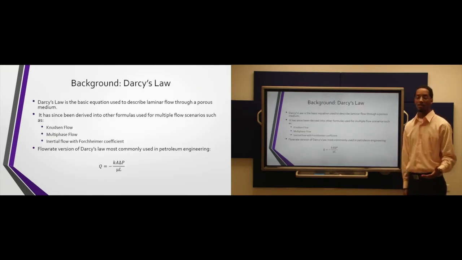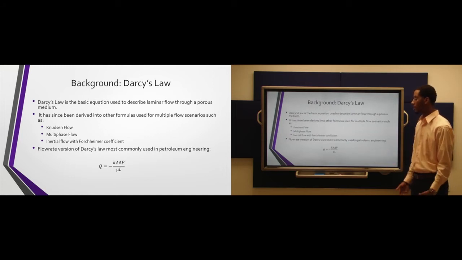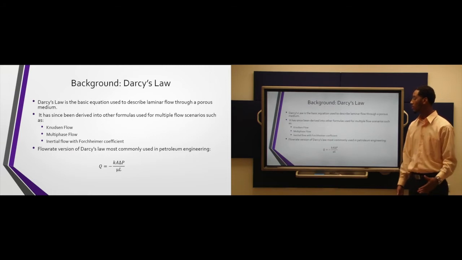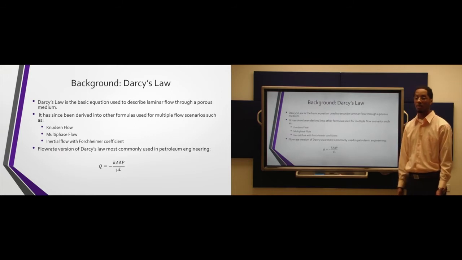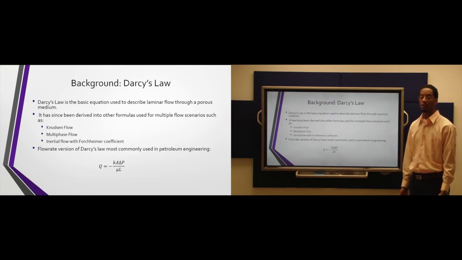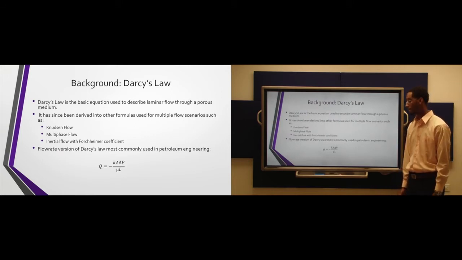Just to give everyone a basic understanding of the fundamental principle of reservoir dynamics, you have to understand Darcy's law. Darcy's law is the basic equation used to describe laminar flow through a porous medium. It has since been derived into other formulas used for multiple flow scenarios, such as non-Darcy flow, multi-phase flow, and inertial flow with Forchheimer coefficients.